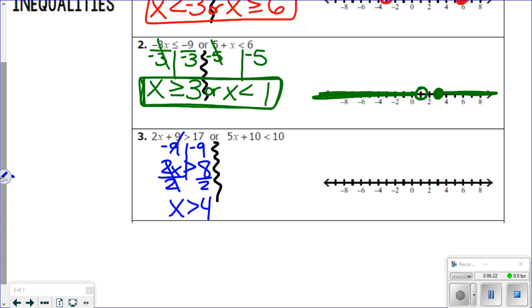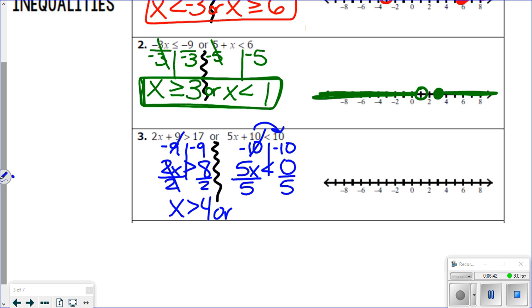The second part, we want to get 5x by itself. So we want to move this 10 to the other side. So subtract 10. Bring down your 5x and your symbol. 10 minus 10 is 0. Divide both sides by 5.